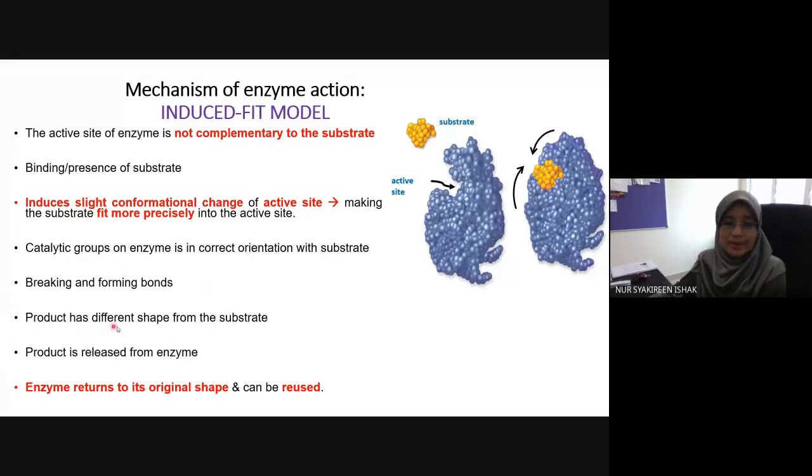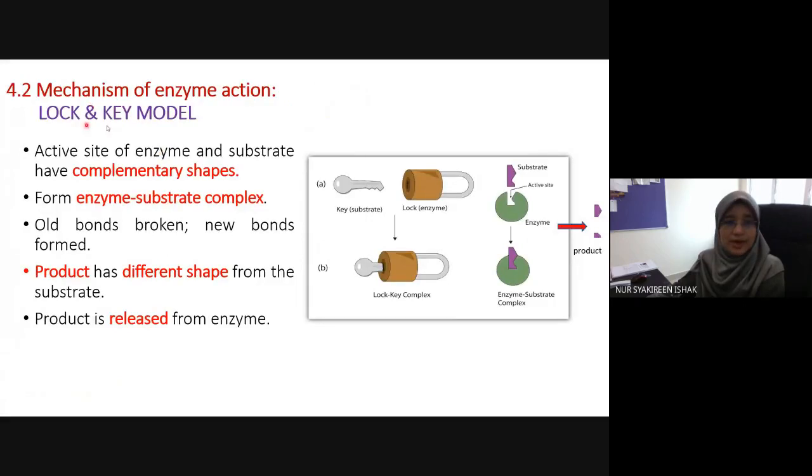And then products will be formed that has different shape from the substrate and also the active site. So therefore, the product will be released. And the last point here, you have to take note, the enzyme returns to its original shape and can be reused. Okay, so this point is a bit different from the lock and key model.